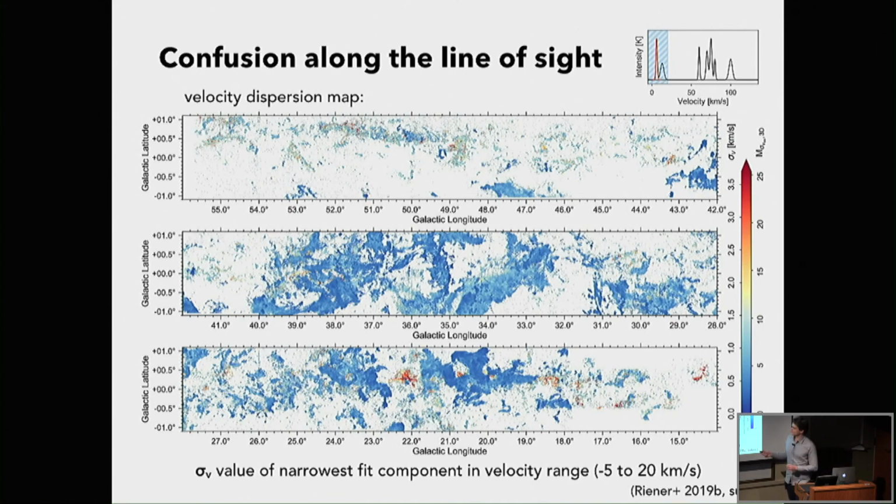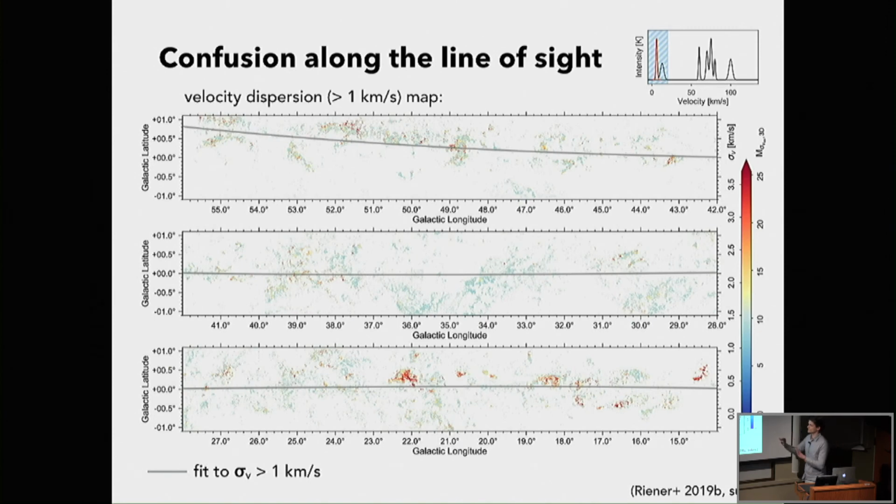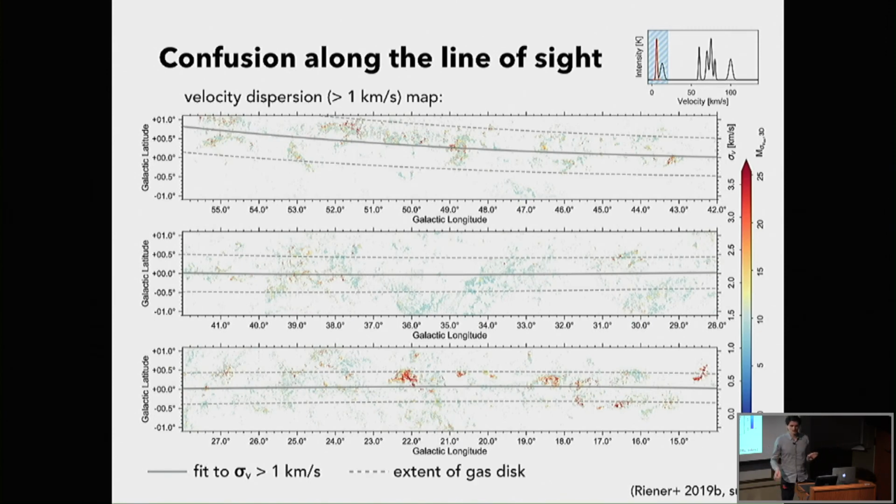And you can see immediately that the low velocity dispersion values, the bluest ones, you see them all over the place in galactic latitude. But the high velocity dispersion values, if I make a cut at 1 kilometer per second, you see they are much more concentrated. So if I take just a simple fit through that, and overplot also what the full width at half maximum extent of the gas disk would be at around 8 kiloparsec from the sun, you see actually a fairly good correspondence.